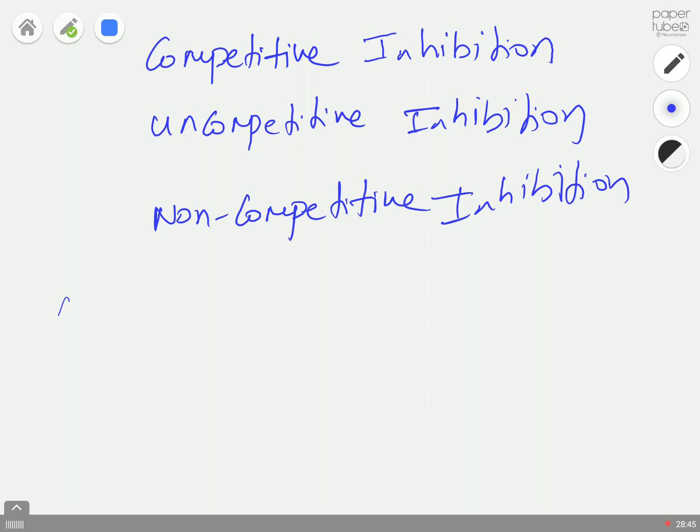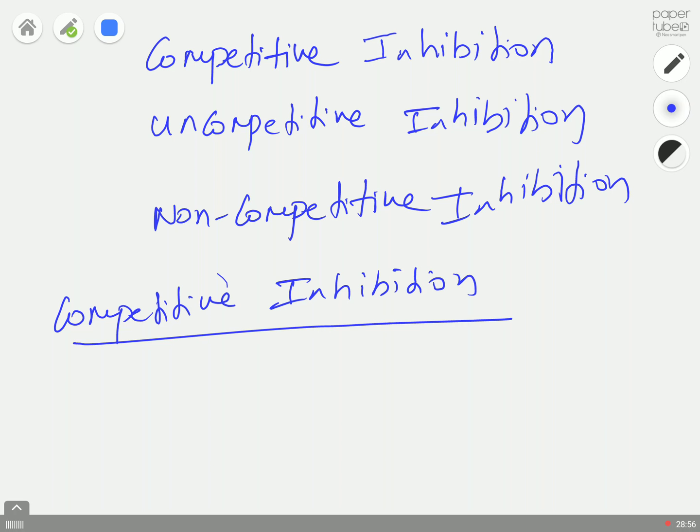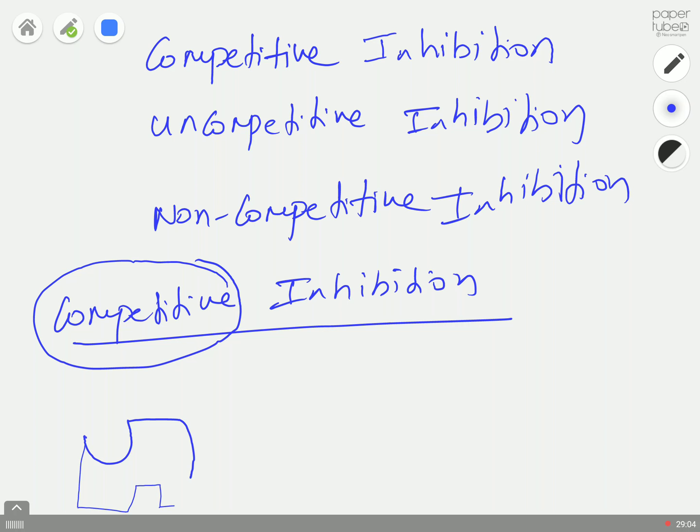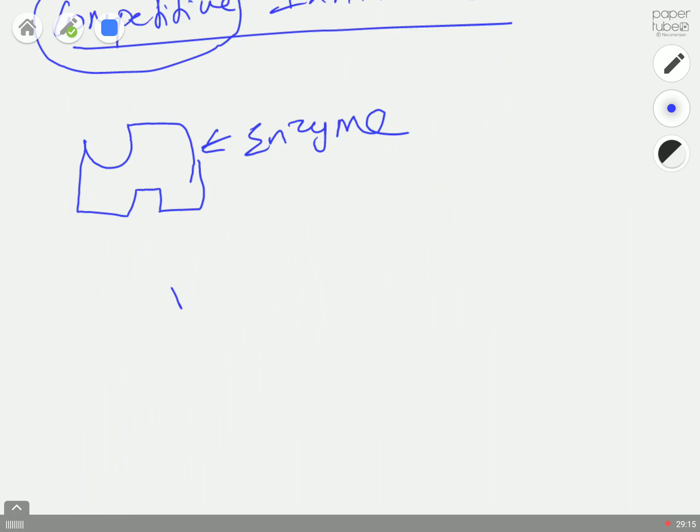So what is this competitive inhibition? You see the word here, competitive. So I'm just going to draw an enzyme for you. Let's call this your enzyme, and say you have an inhibitor.